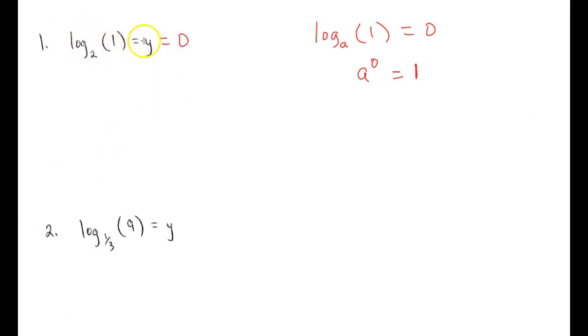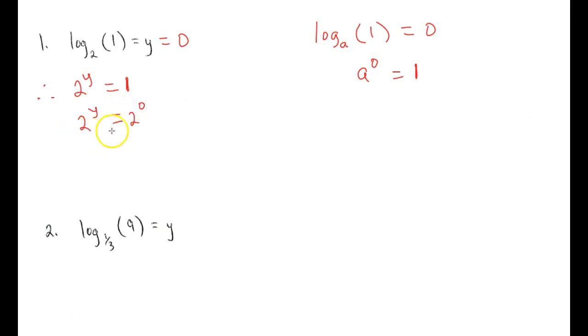If we wanted to form this into an exponential equation, we would just say 2 raised to the y is equal to 1. And so by the definition of a logarithm, we can convert that back to an exponential equation. And of course, 1 can be written as 2 raised to the 0.